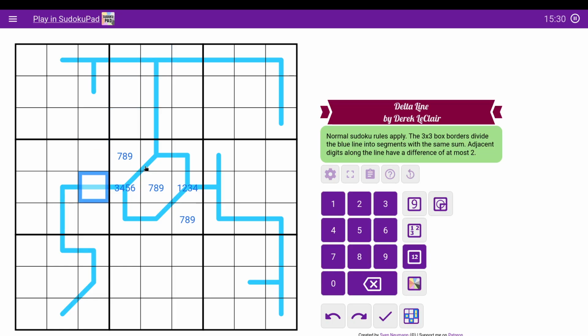I'm increasingly thinking that 579 is the solution down here, but it didn't feel very constrained when I was writing it out. Three digits add up to 21. What can they be?